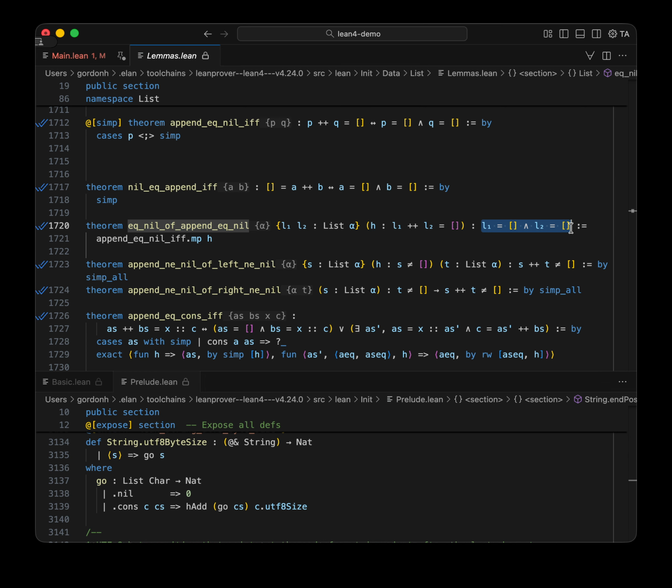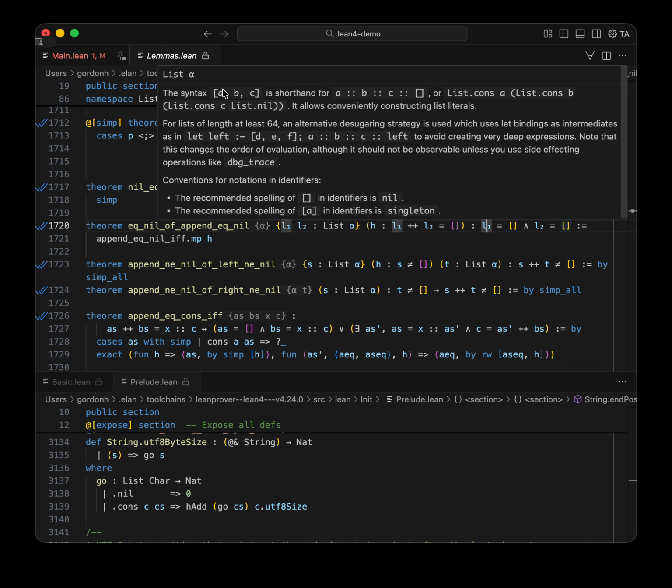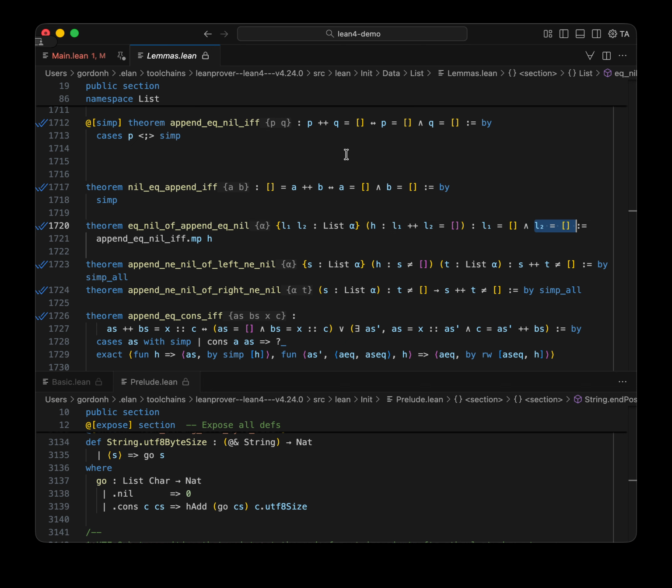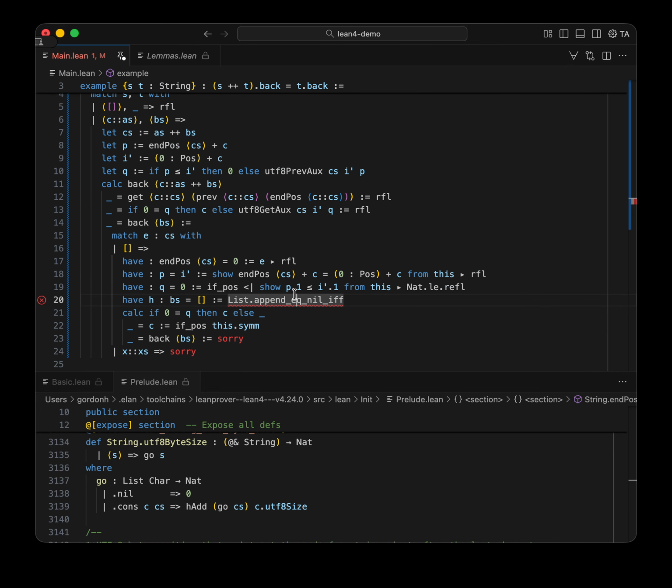And then we will get the implication that both of them are empty list, and we want the right hand side. Okay, put E into it, take the right hand side. Okay, now I have this.